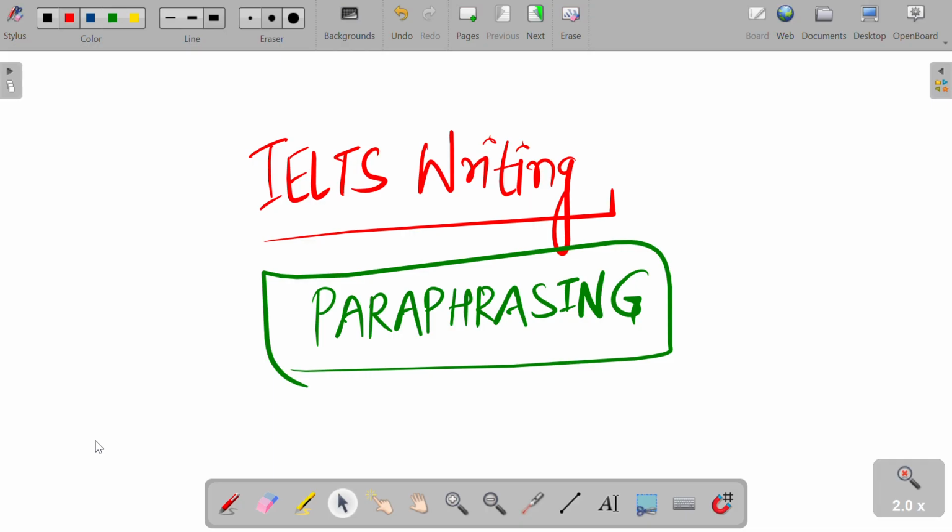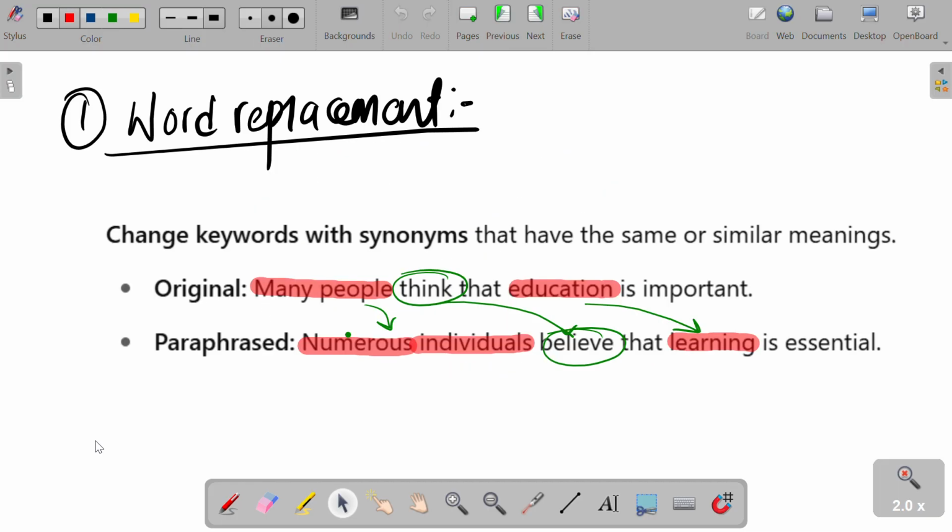Sometimes we get a lot of questions from the students about how to actually paraphrase the questions.